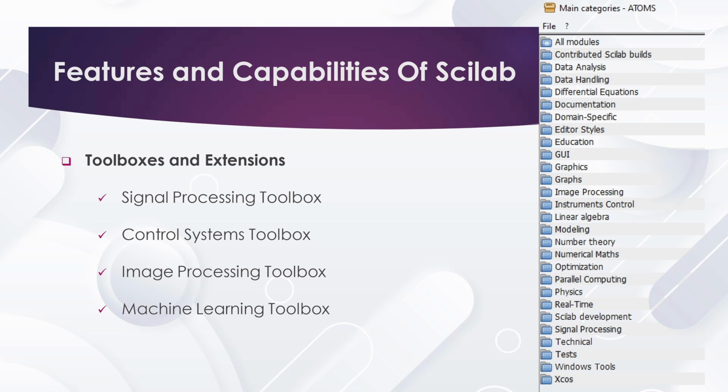The Image Processing Toolbox is used for image enhancement, filtering, and feature extraction. The Machine Learning Toolbox includes basic tools for data classification and clustering. Scilab also offers users the platform to develop custom toolboxes and share them with the community.